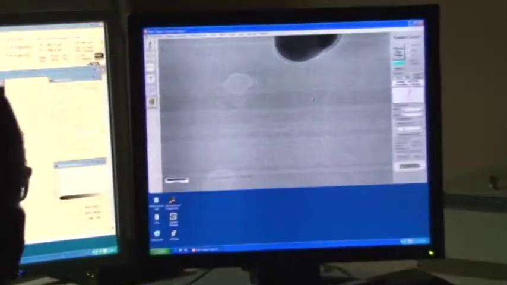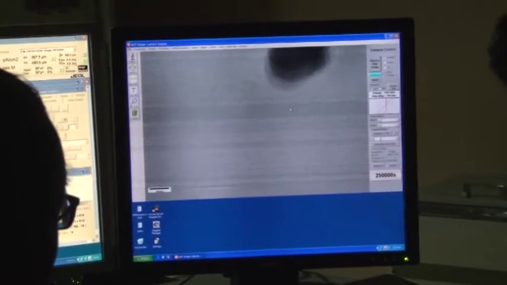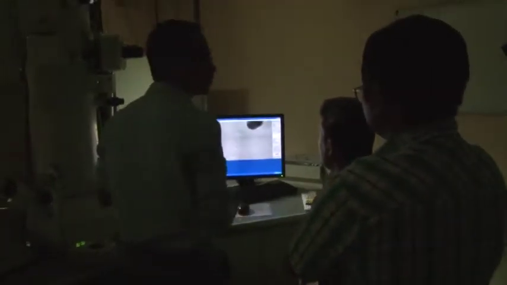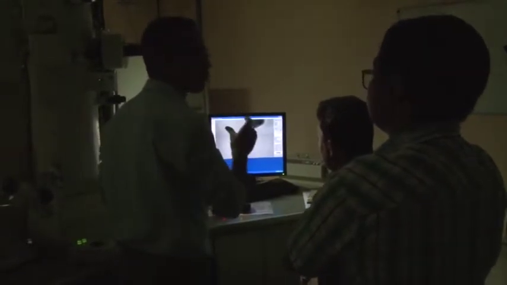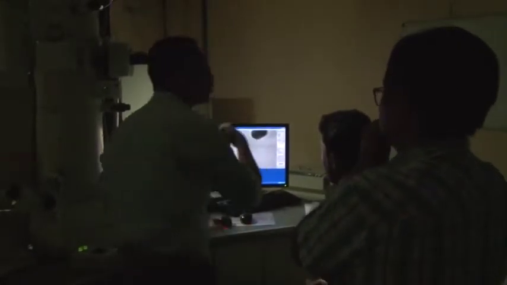One way to identify objective astigmatism is to look at this pole, for example. Here, this is a Fresnel fringe, because we are away from the proper focus. That is fine, but this fringe should be uniform.